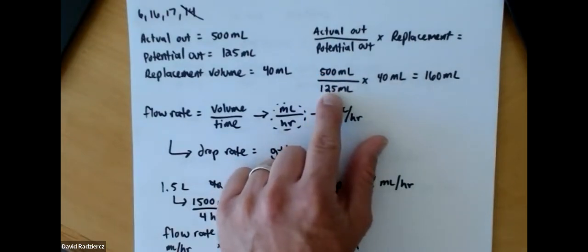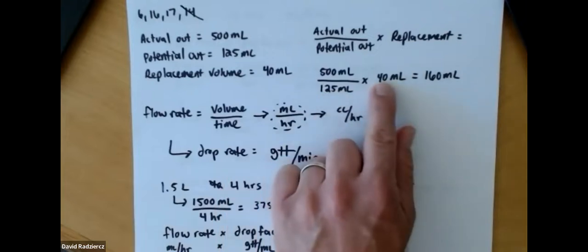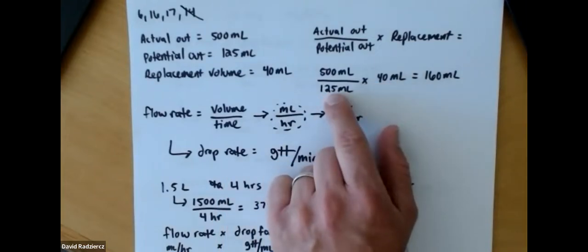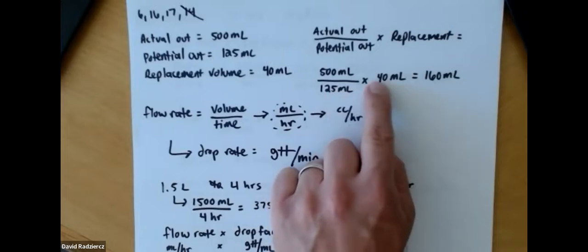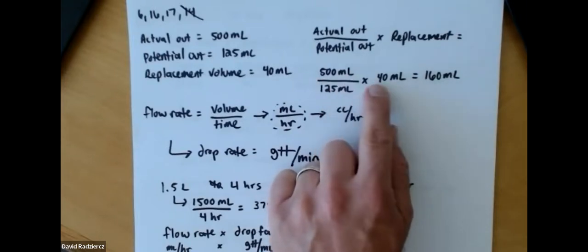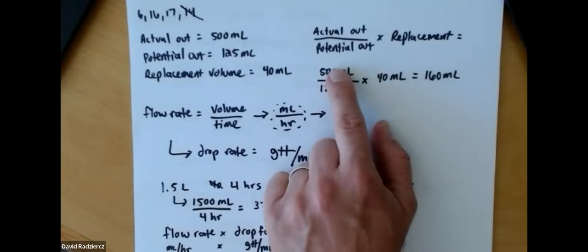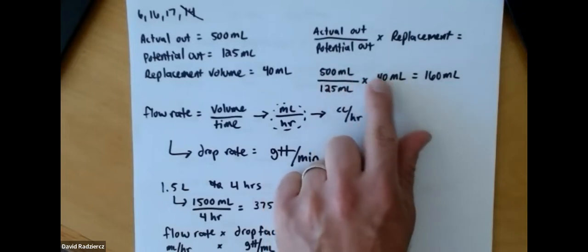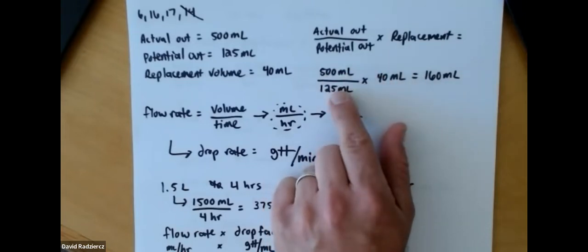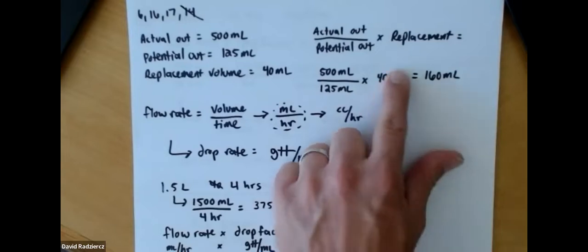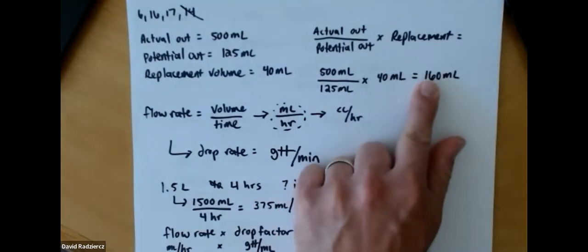The potential urine output is 125 milliliters, and your replacement volume is 40. Then you just multiply: this divided by this times 40, or you can multiply across the top and divide by 125. Either way, you'll get the same answer of 160 milliliters.